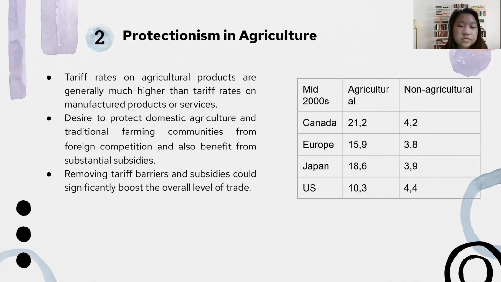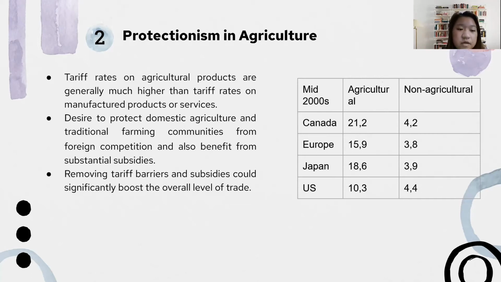For example, as you can see in the table, in the middle 2000s, the average tariff rates on non-agricultural products were 4.2% for Canada, 3.8% for Europe, 3.9% for Japan, and 40.4% for United States. On agricultural products, the average tariff rates were 21.2% for Canada, 15.9% for Europe, 18.6% for Japan, and 10.3% for United States.